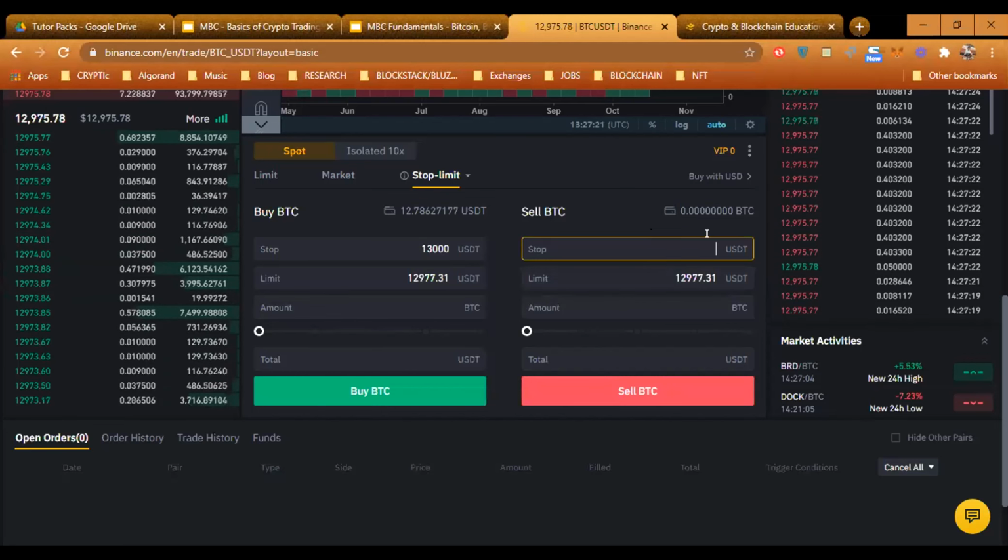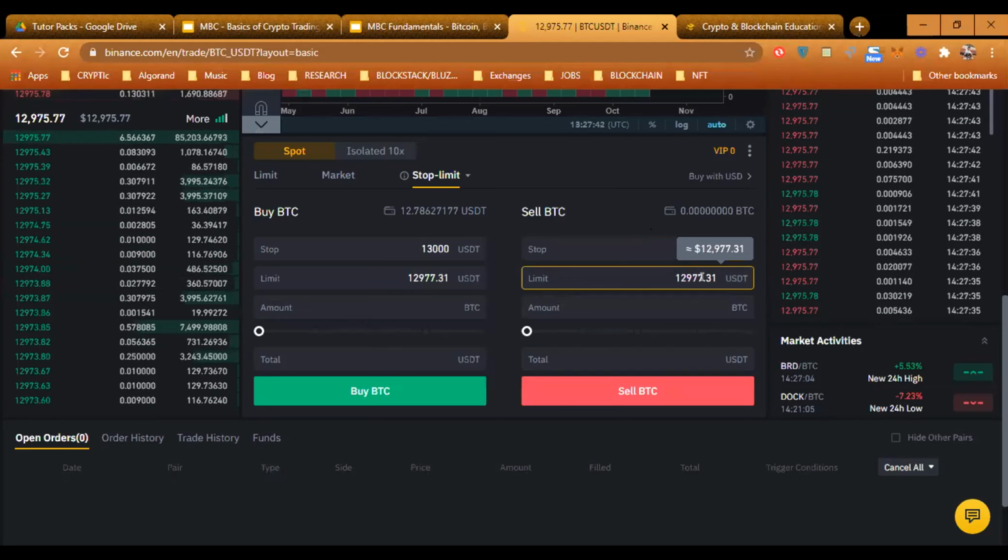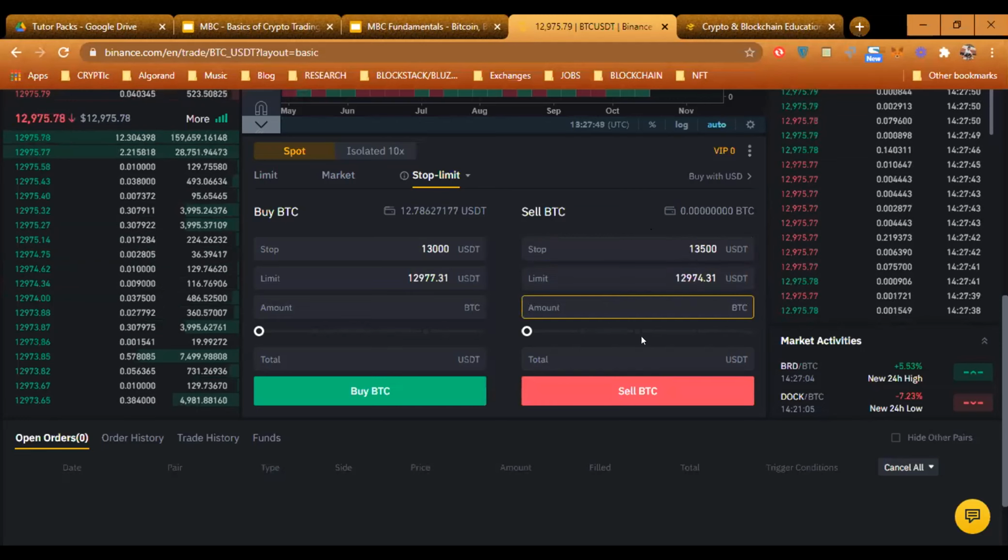So let's say I have $1,000 of BTC, and I want to sell it when the price goes up. So let's say sell BTC at 13,500. Right now, the price is at 12,975, so I now set the limit at 12,974.